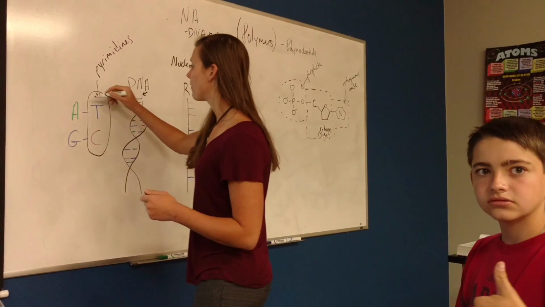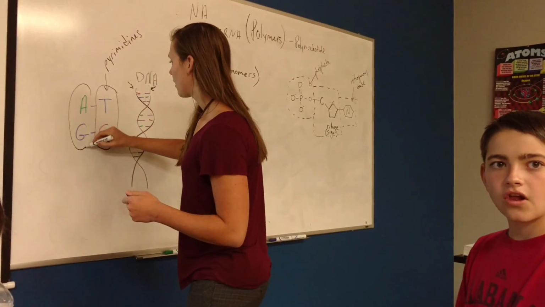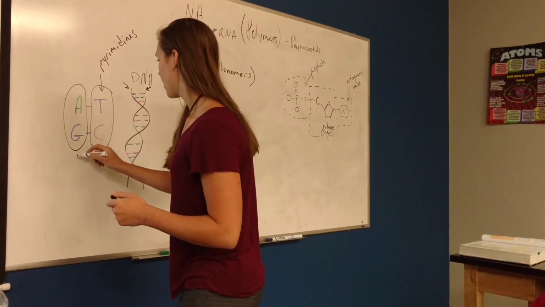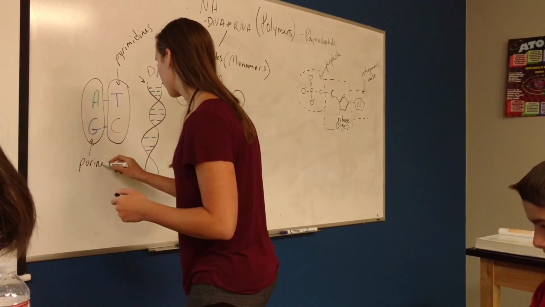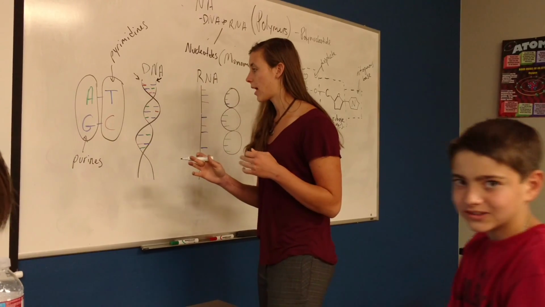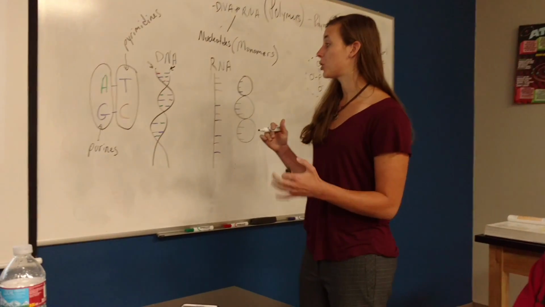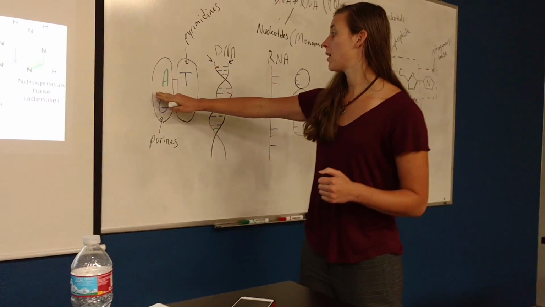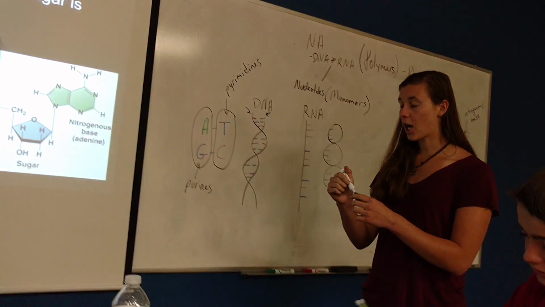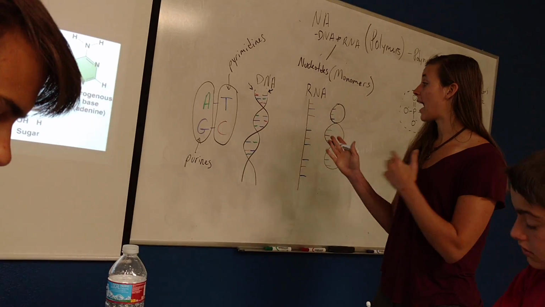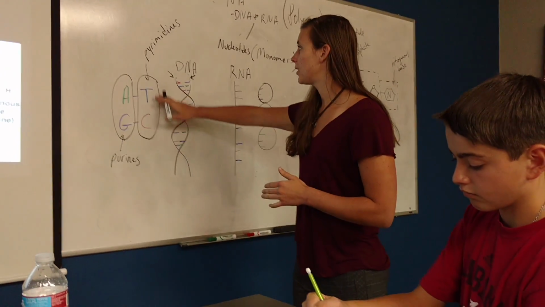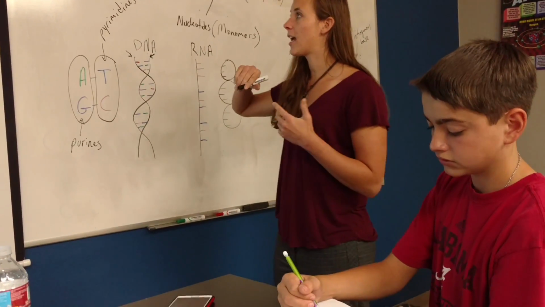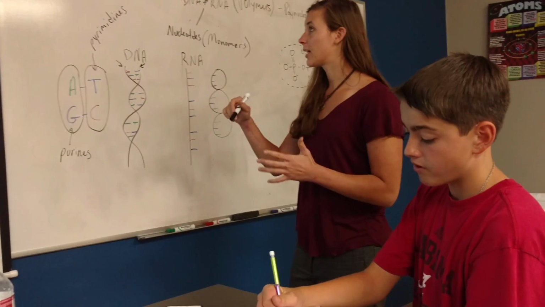And then you have adenine and guanine, which are purines. Those are just names, okay? They're different in their structure. Adenine and guanine are 6 carbon rings with a 5-membered ring attached to it. And thymine and cytosine are pyrimidines, so it's just a single 6-membered ring.